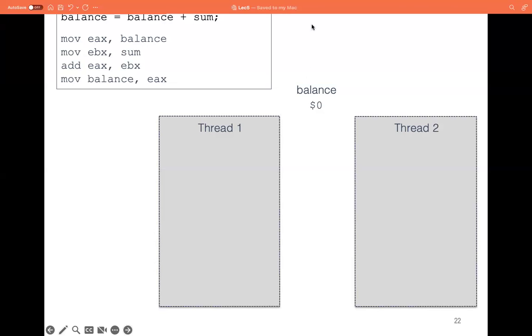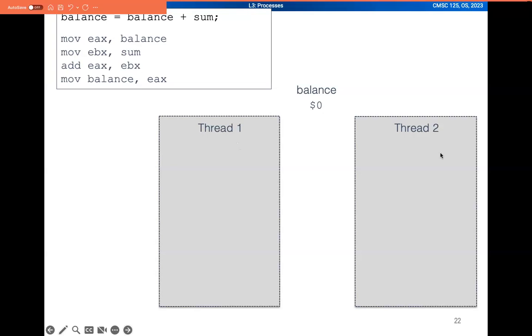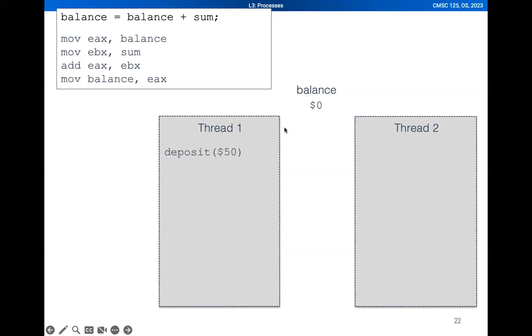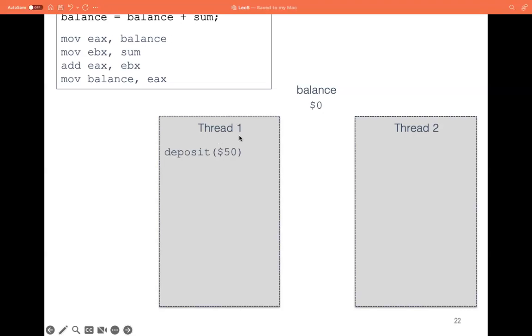So again, there are two people who tried to deposit. Initially the balance is 0. Let's say person one, or thread one, tried to deposit $50.